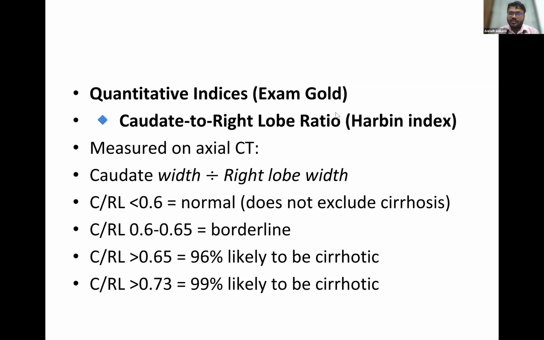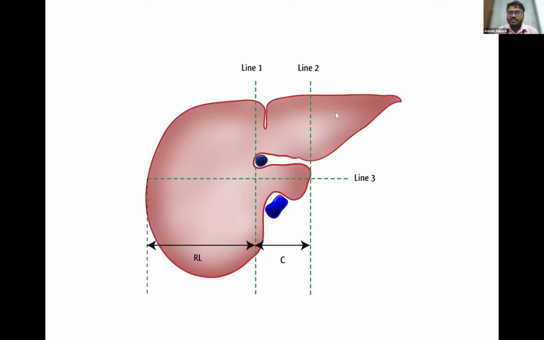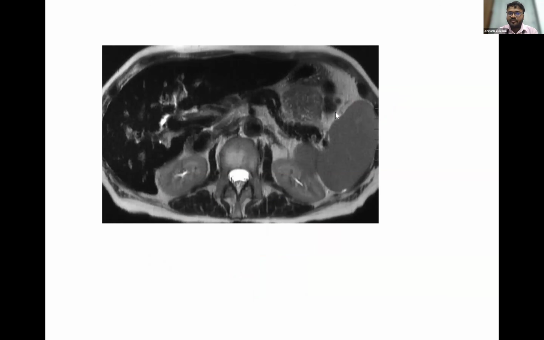When you start reporting CTs, you should try to measure this caudate to right lobe ratio. This is the caudate lobe, this is the right lobe, and here is the main portal vein. Here you have to draw a line and measure. It is very simple. You should start practicing it day to day in your reporting.